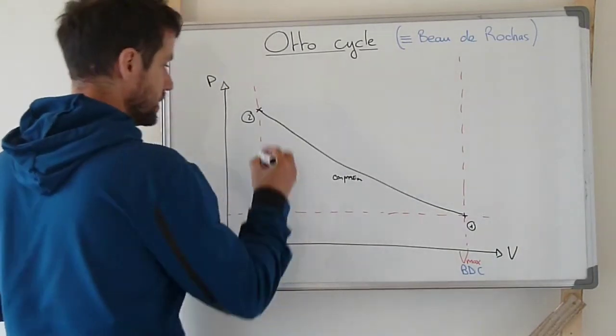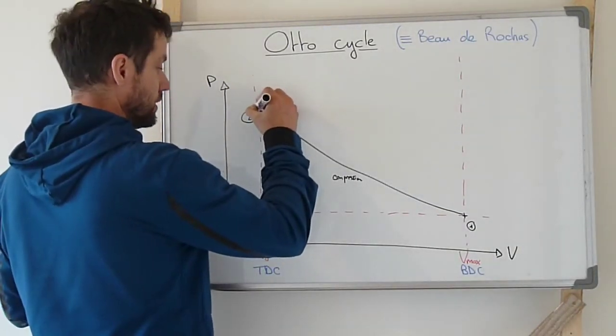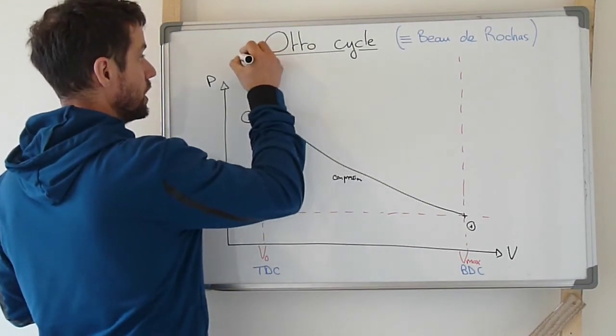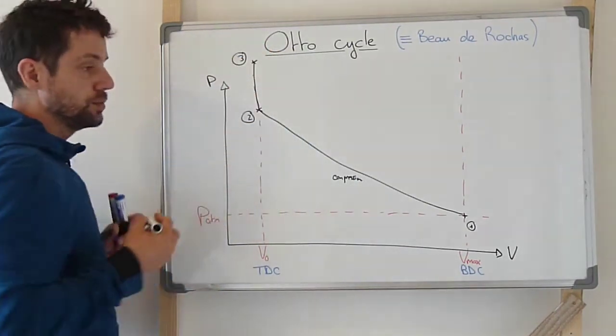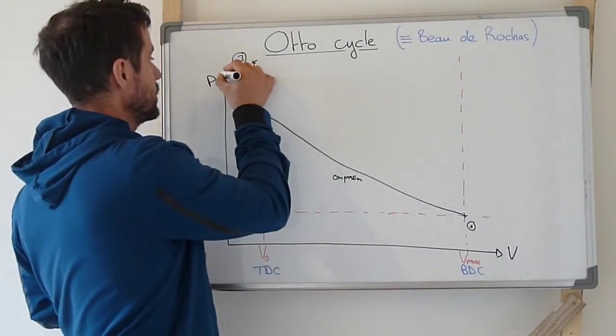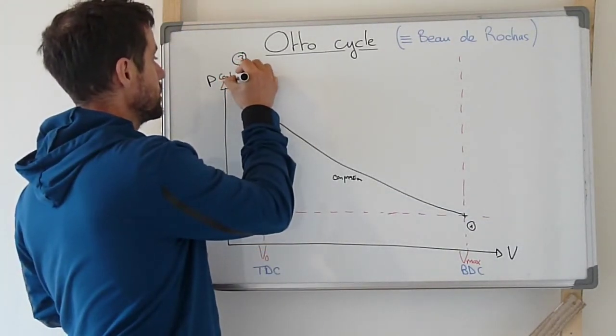So isochoric, constant volume, it remains at the top dead center until a higher pressure at what we will call point 3 for the end of the second transformation, which is the combustion.